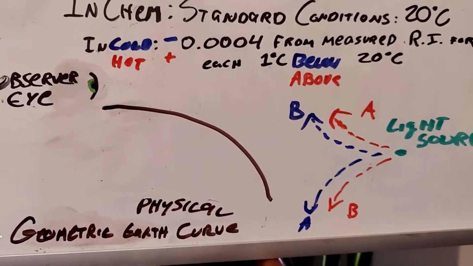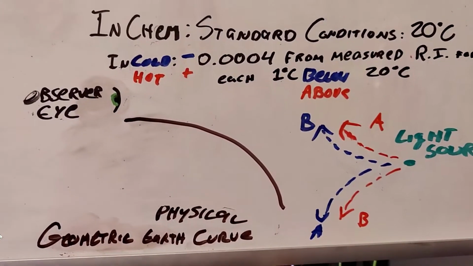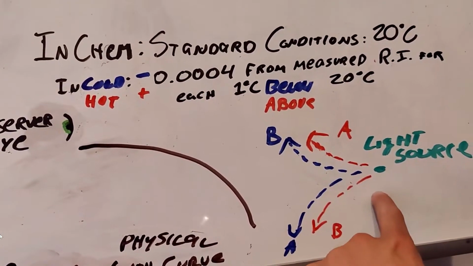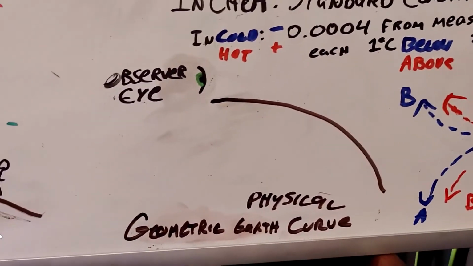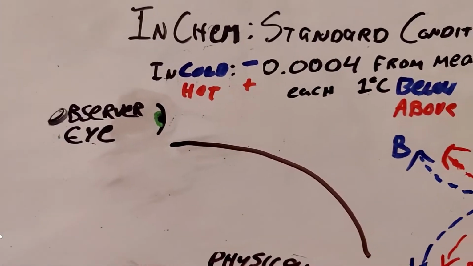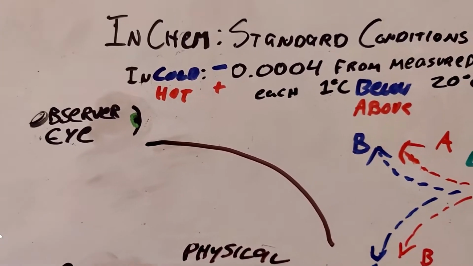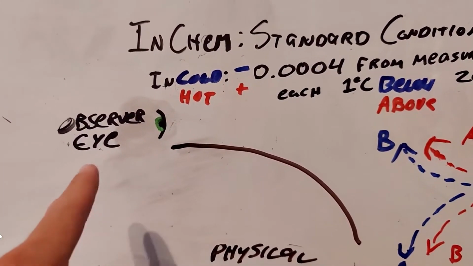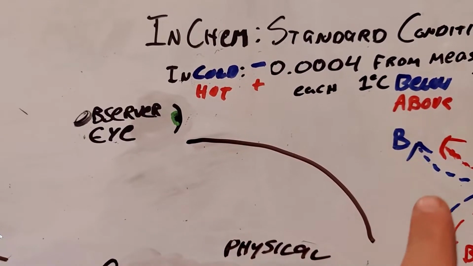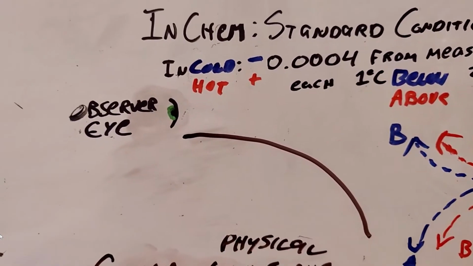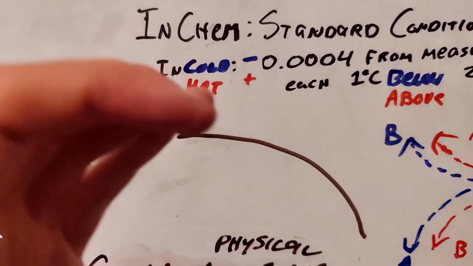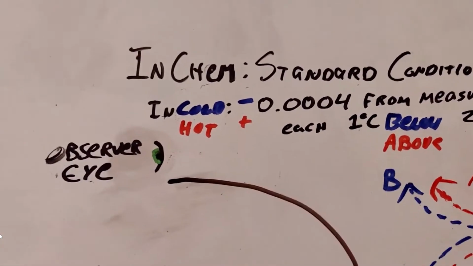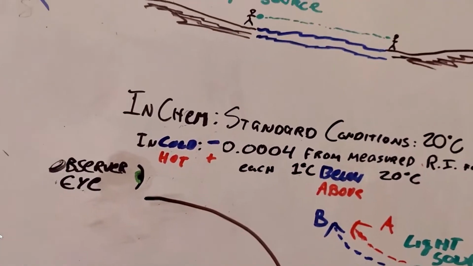Now, what this means is that here you have a light source, which would be below the physical geometric Earth curve, because the Earth, if it were a globe, would physically have an observer at a height, and from that observer height looking out, you would get this drop in the Earth, because a ball has constant curvature.